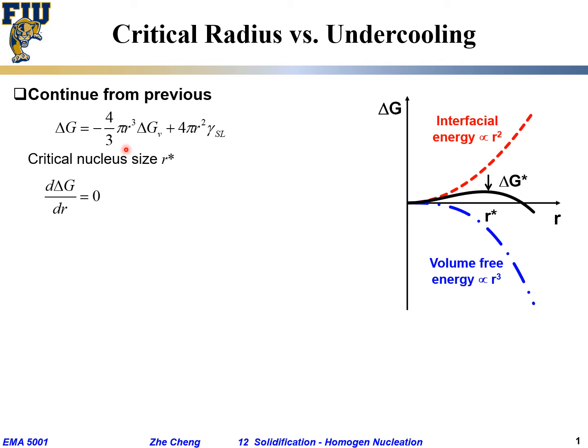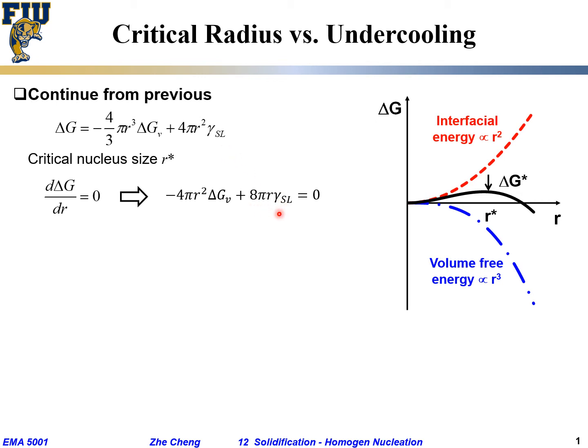We take the first derivative with respect to the radius. The 3 cancels. Minus 4 pi r to the power of 3 becomes r to the power of 2, delta GV we keep. Make sense? And then plus 4 pi we keep, but now r square becomes 2r, and 2 times 4 becomes 8 pi, right? r, the gamma term we keep.